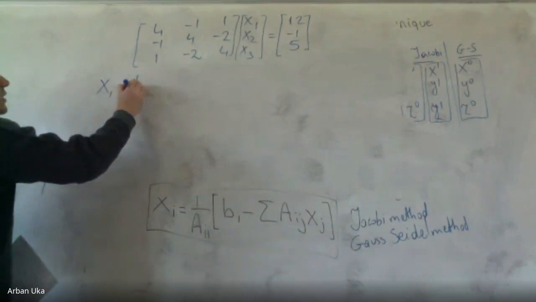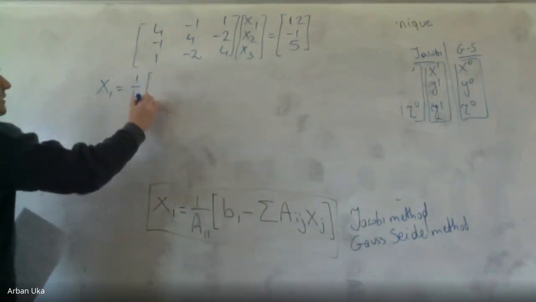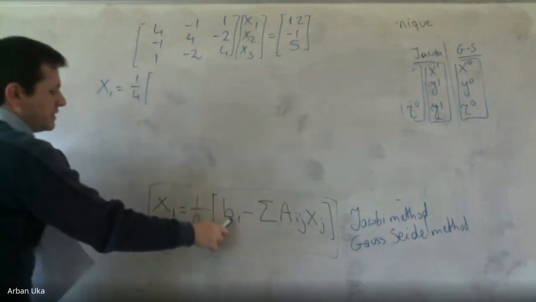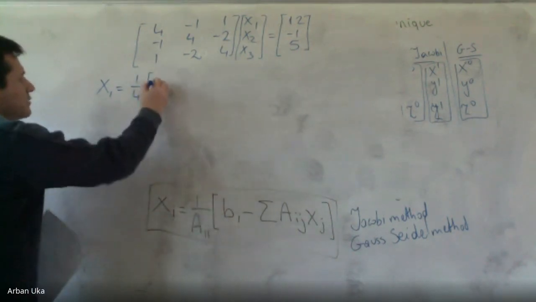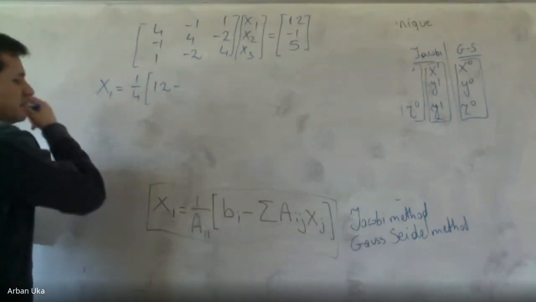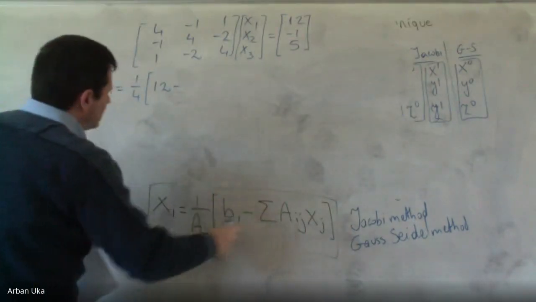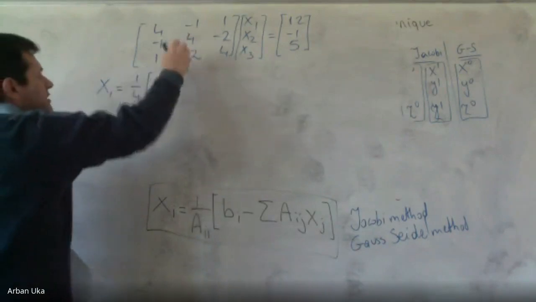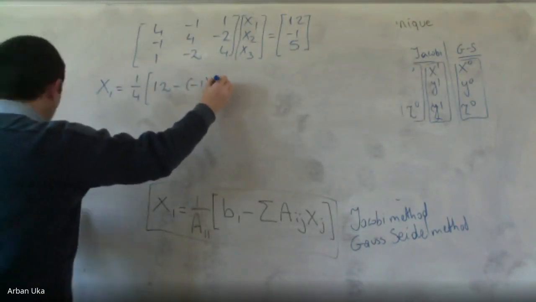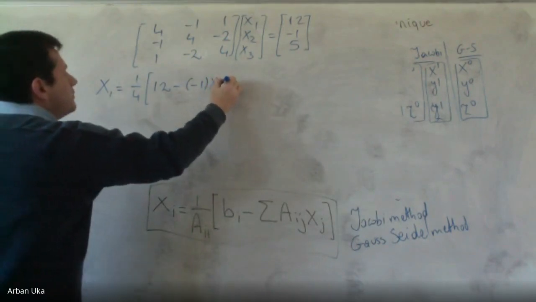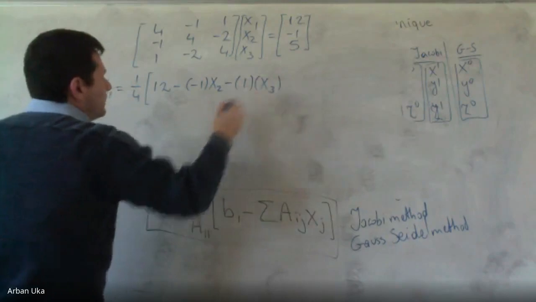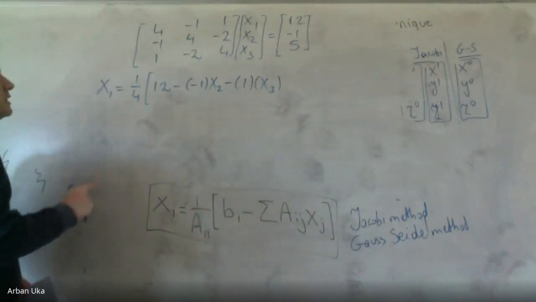This is equal to 1 over 4 times, b_i is 12, so this is 12 minus a_ij. So a_ij is the next element, minus 1 times x2, minus 1 times x3. So how do we get this?